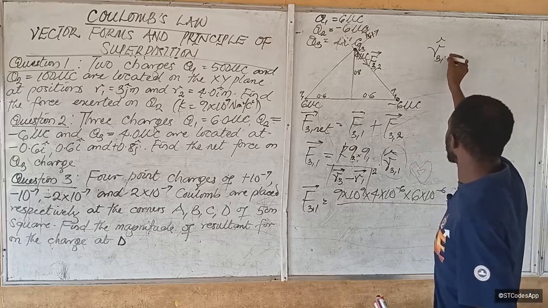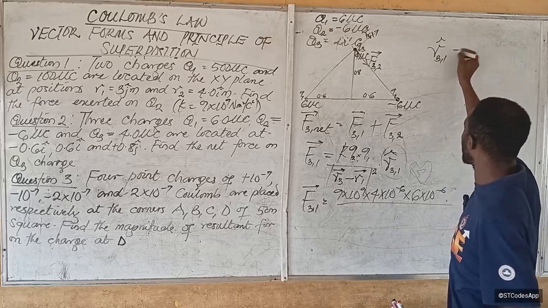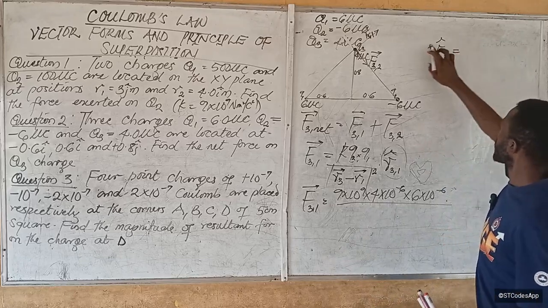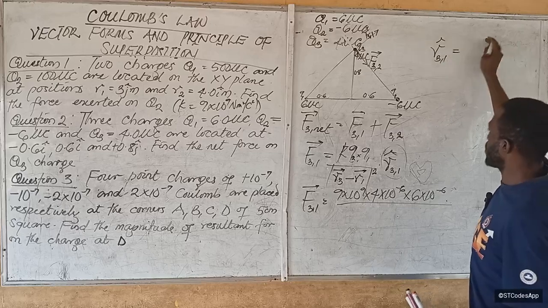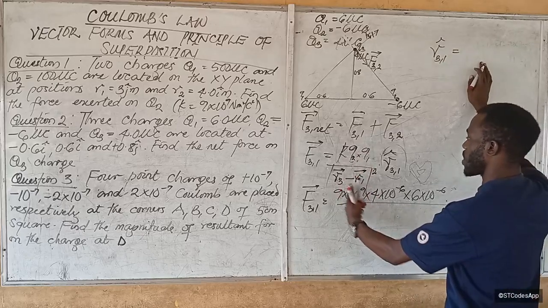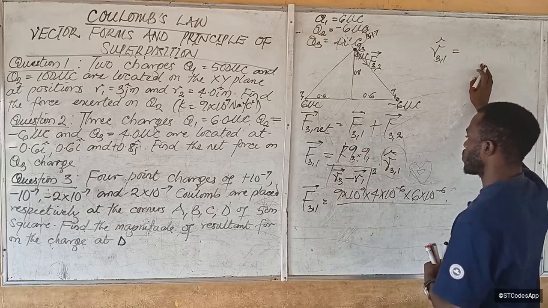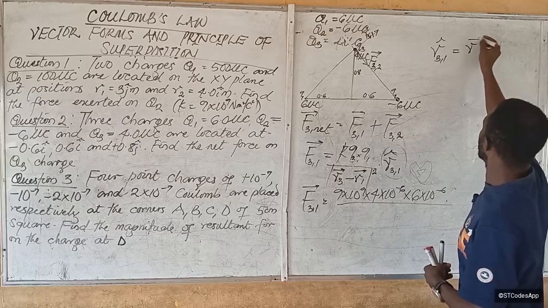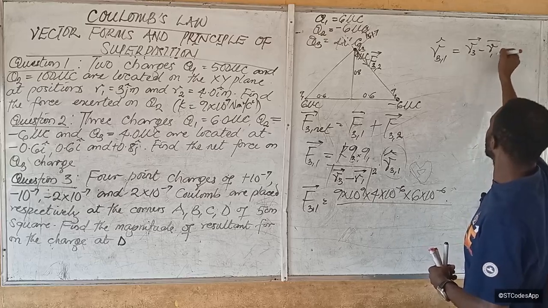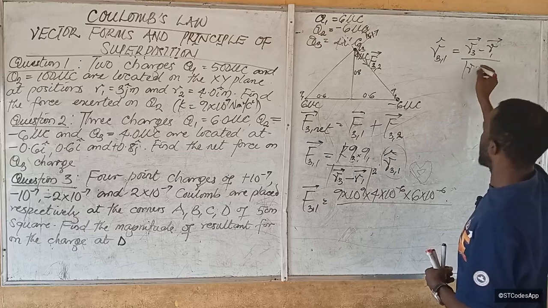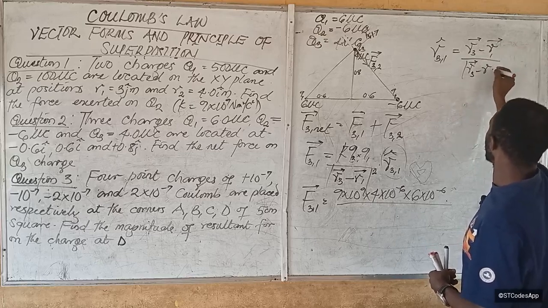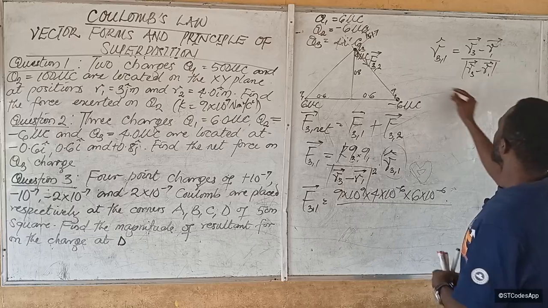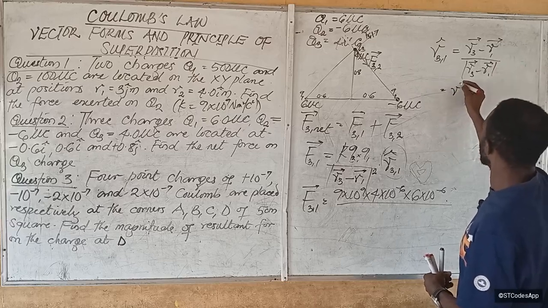So our r hat 3,1 will be equal to R3 minus R1 all over the absolute value of R3 minus R1. So what is R3 minus R1 actually?